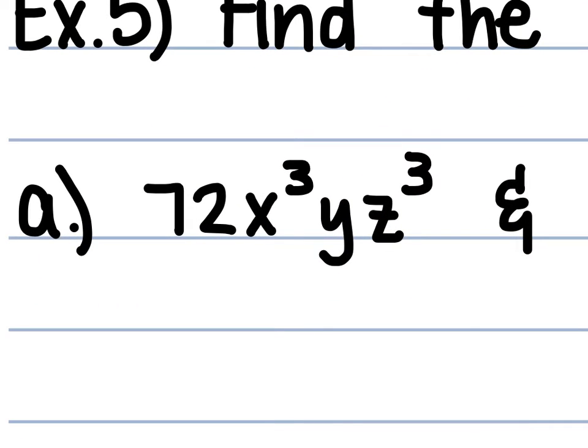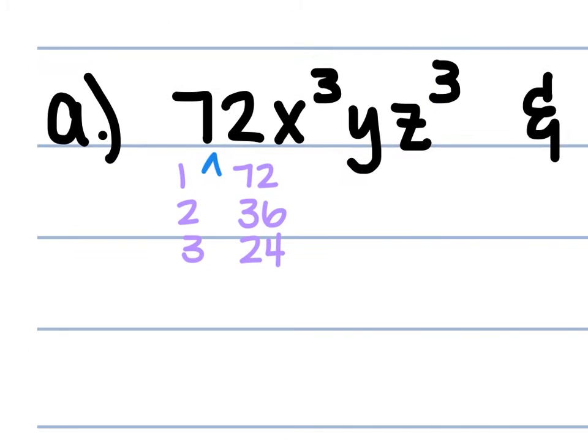That's 72. The factors of it are 1 and 72, 2 and 36, 3 and 24, 4 and 18. We also can do 6 times 12 and 8 times 9.